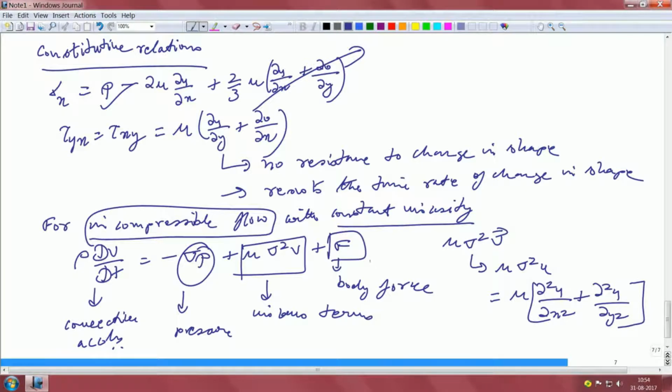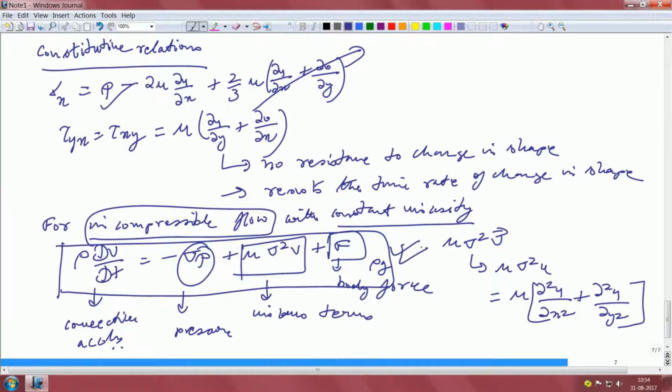Most of the time it will be like rho g, which is basically the body force if the g direction and the x direction actually matches. Otherwise, it will come in the y component of the velocity. So, this is of course the total equation form. Now, V will become equal to u or small v depending on which direction you are applying the momentum equation with. So, this looks very familiar to you guys.